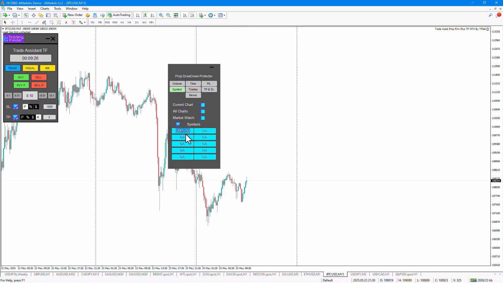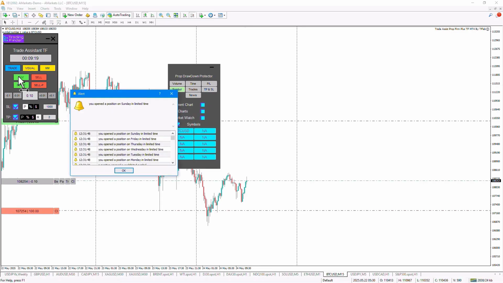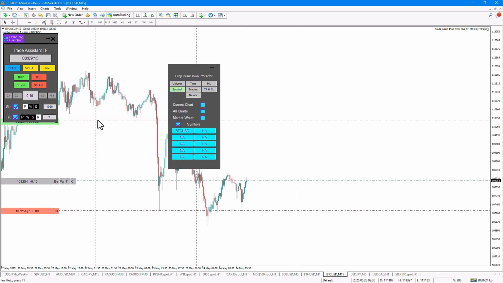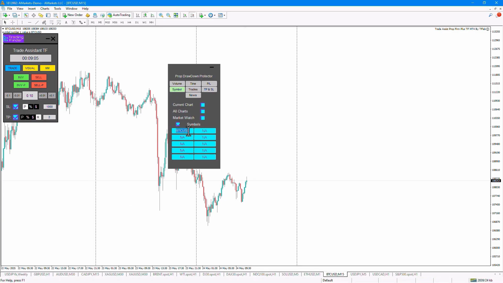But if I enter the symbol that I am currently on right now, you can see that it automatically executes a trade for me here. Just make sure to pay attention to this point. In some brokers, trading symbols may have suffixes or prefixes, so be sure to pay attention to the letters you enter here.